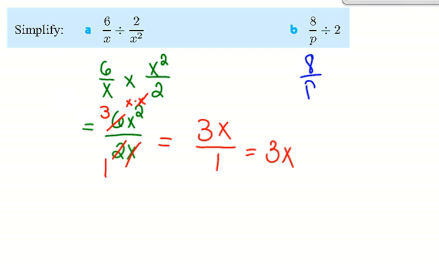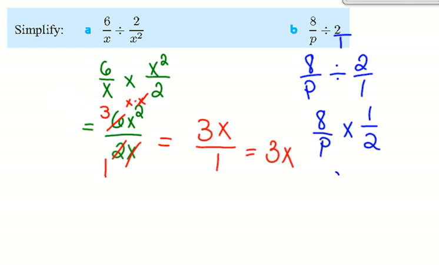If we rewrite the second equation, we have 8 over p divided by 2 over 1, right? We can always put our constants over 1. So if we change that to multiplication, we have 8 over p times the reciprocal of 2 over 1, which is 1/2.